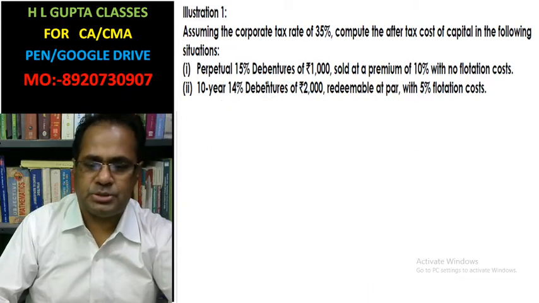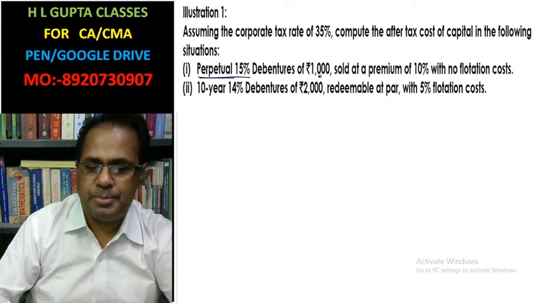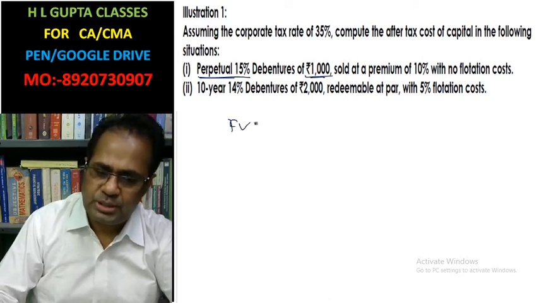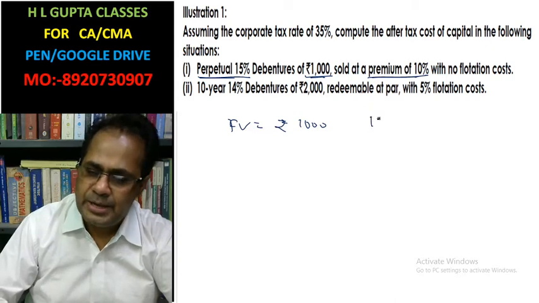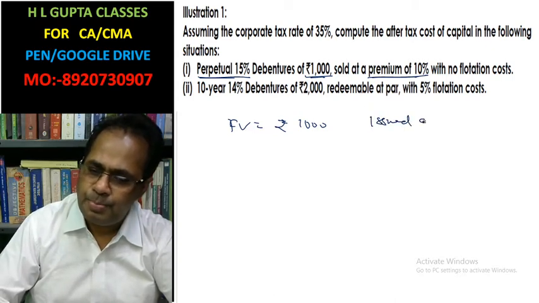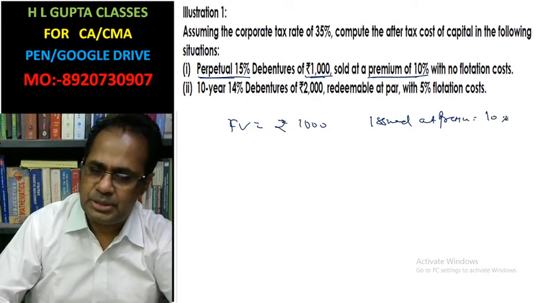In the first part, please look at the question. Perpetual means non-redeemable. Debentures of rupees 1000, it means face value is rupees 1000, issued at a premium of 10%.